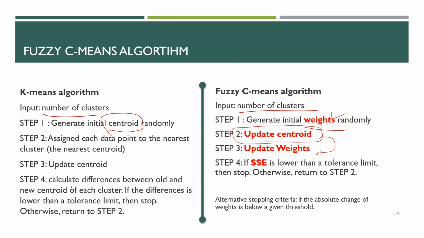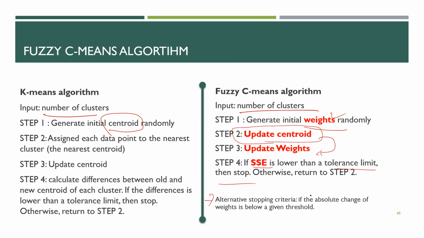Stopping criteria. In K-means, we can calculate the differences between old and new centroids. In fuzzy c-means, for example, we can stop if the SSE is lower than a tolerance limit. Another alternative stopping criterion is if the absolute change of the weights is below a given threshold.